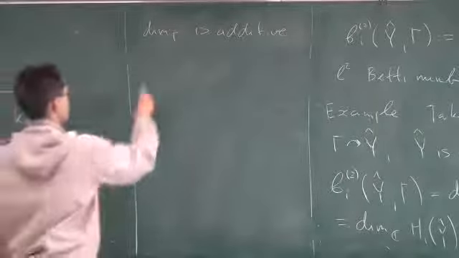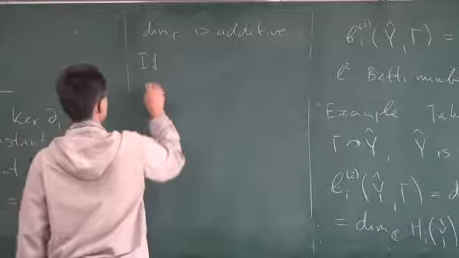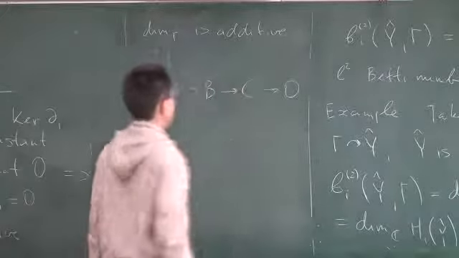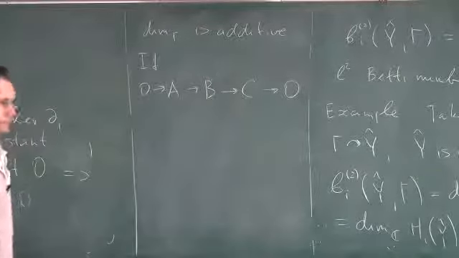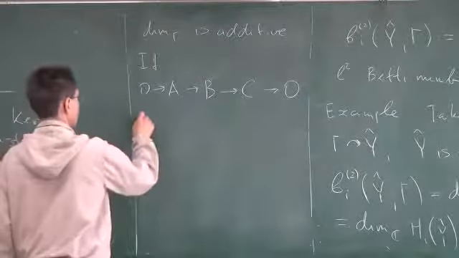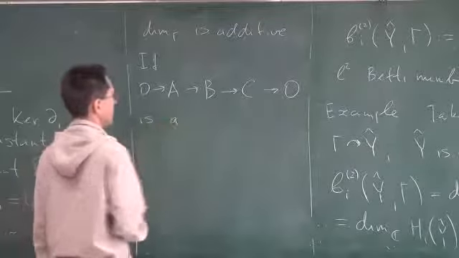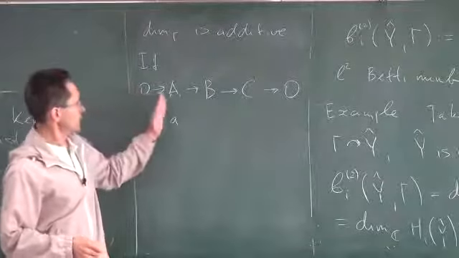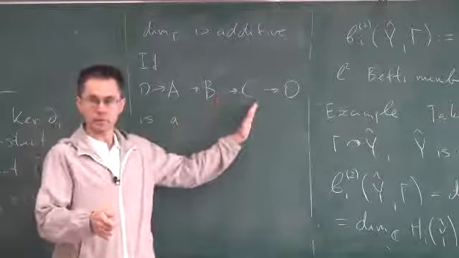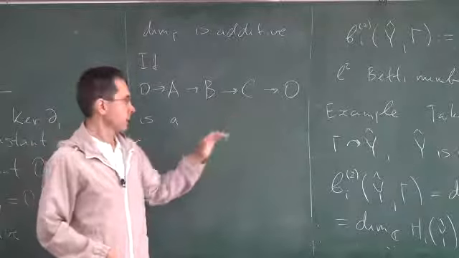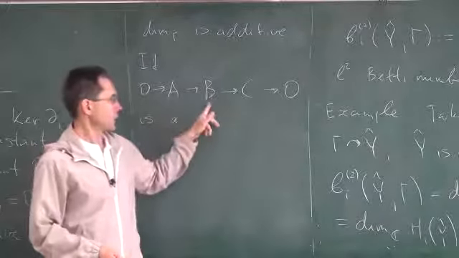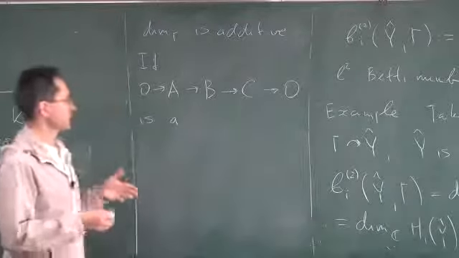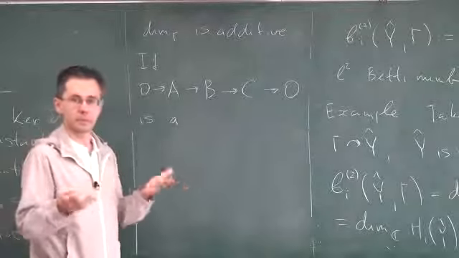By which we mean the following. If 0, A, B, C is a short exact sequence, what is a short exact sequence? I'm assuming that A, B, and C are Hilbert gamma modules, and that the maps are bounded maps between normed vector spaces.